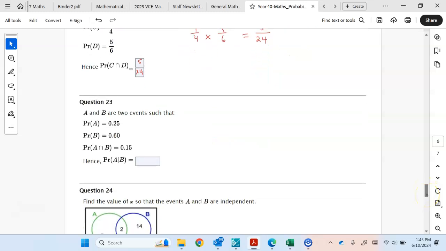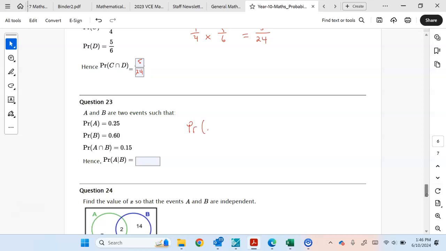A and B are two events such that... Here I prefer the conditional probability formula. It's standing out to me. We did a question like this earlier. It doesn't say that they're independent, so you've got to use the conditional probability formula.